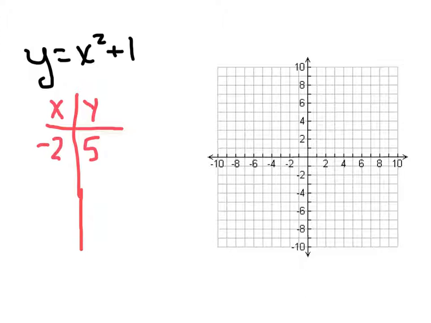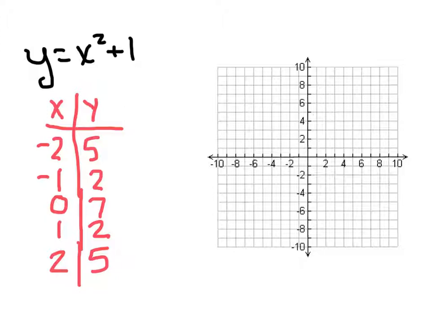So if you need more points than this, that is totally fine. We like to say do at least 5 points for each table. Again, that's a least value, okay? As you can see, there's a pattern for this one with the x's and also with the y's.